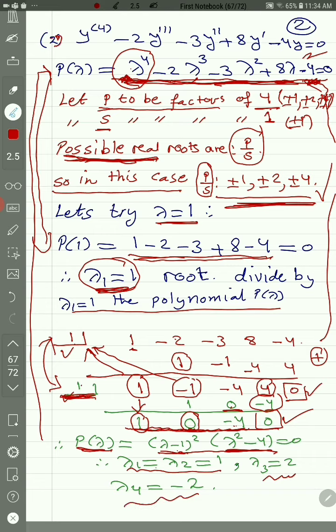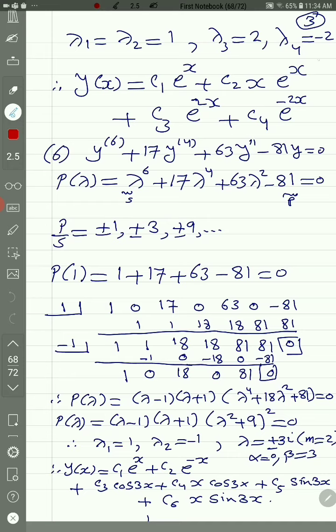In fact, what does that mean? If you try these also, you will get them also 0, because we get them here, you see? So, in fact, the roots are 1 repeated, and plus 2 and minus 2. So, what's the general solution? We write it here now. So, these are the roots. I list them there.